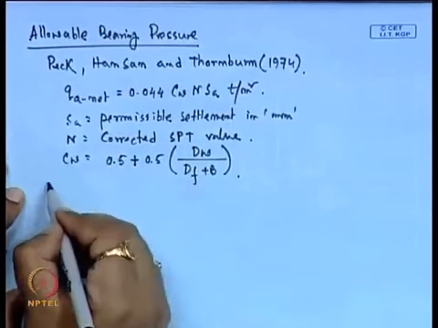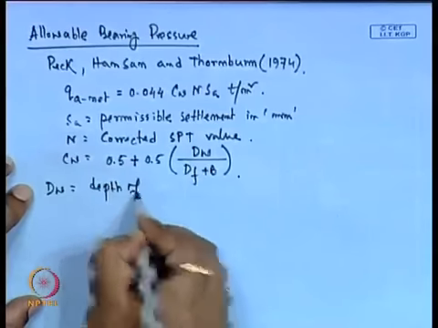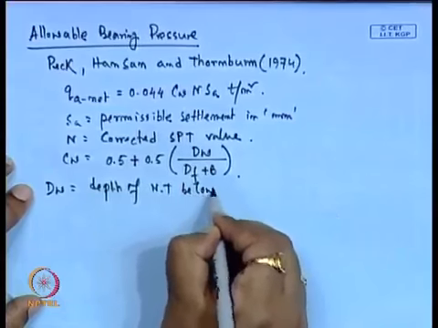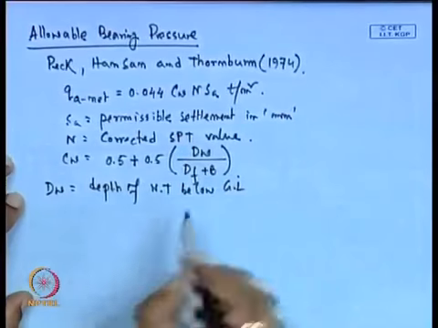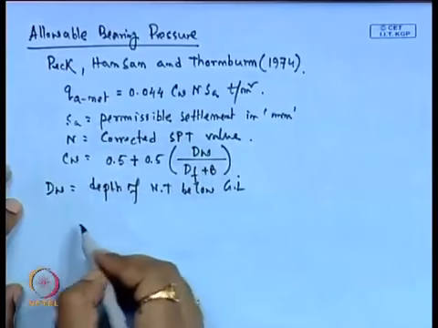So, dW is the depth of water table below GL, and dF is the depth of foundation, B is the width of foundation. This is for isolated footing.